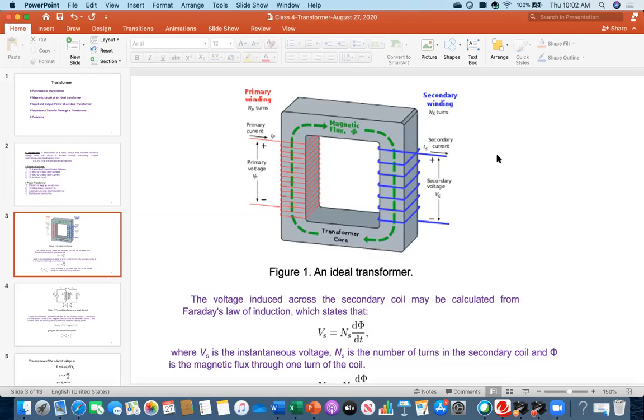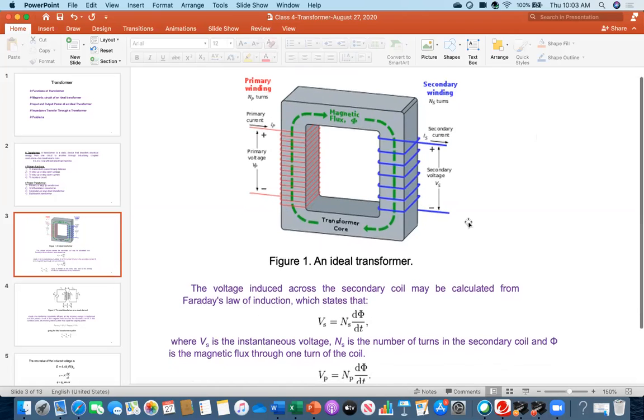Turns means, you see, this is one turn, and then again you are twisting, number 2, number 3. Each time you twist it, it makes one turn. In a real big transformer, there could be several thousand turns. Here it is just an example. The same thing applies on the secondary side.